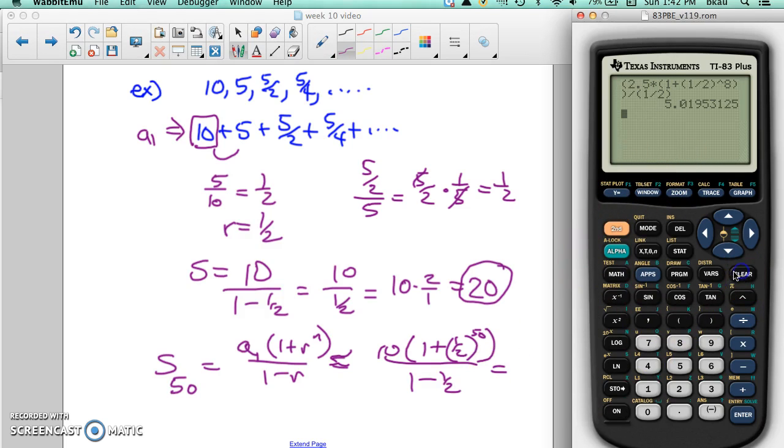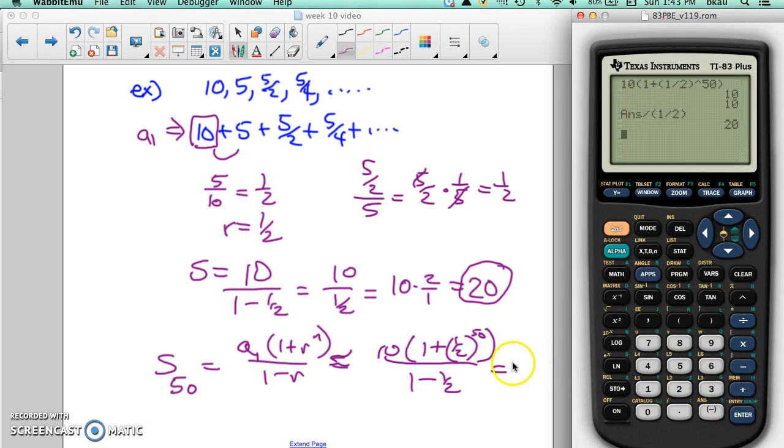We can just clear this out and type this in again. So we're going to go 10 times 1 plus 1/2 to the 50th power. Okay, so if we do that, that's our numerator. We're going to get 10, and so even my calculator, when divided by 1/2, even my calculator thinks it's 20.